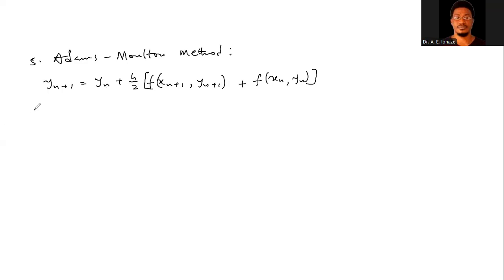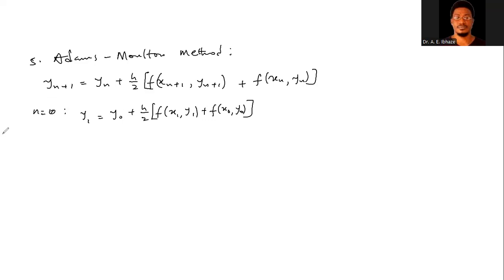So let's take n to be the same as 0. So we can estimate y1 being the same as y0 plus h over 2, f of s1, y1 plus f of s0, y0. Okay. And then we already know the initial conditions. y0 is 1, s0, y0, we know them.